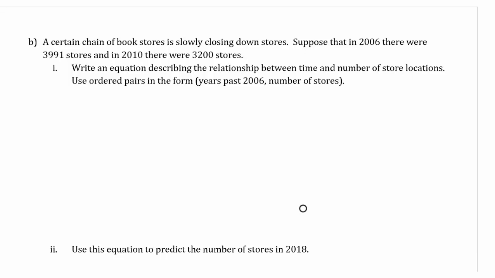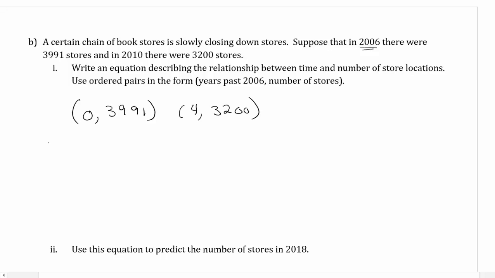So, if you are in the year 2006, then you are not past 2006, so that's going to be 0, and the number of stores was 3,991. So that's 1 point. And then the other point is 2010, so that's 4 years past. So that would be 4 and 3,200.